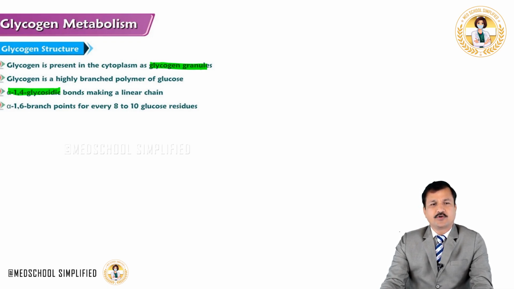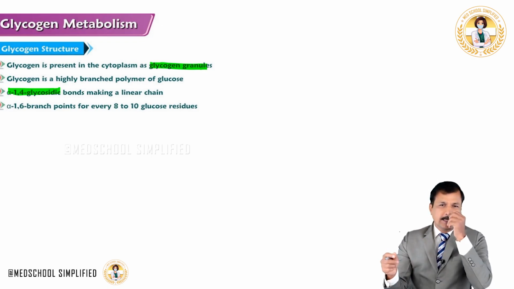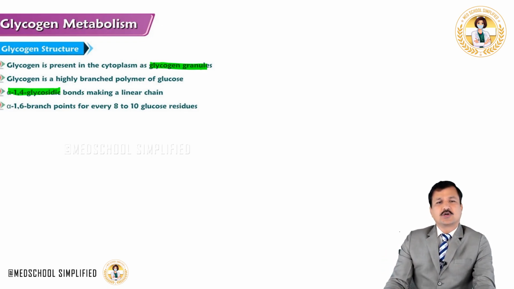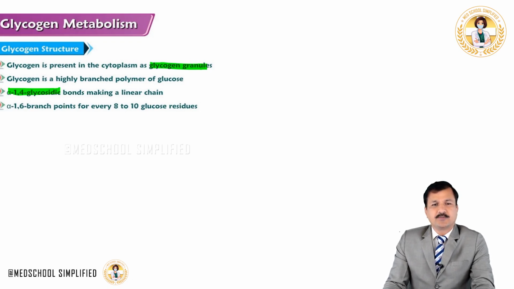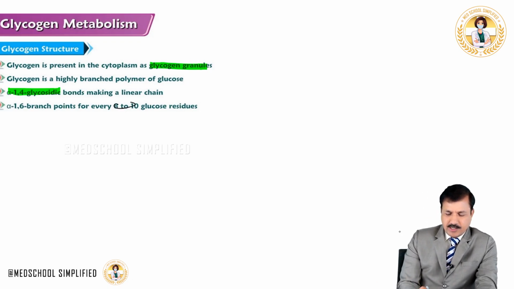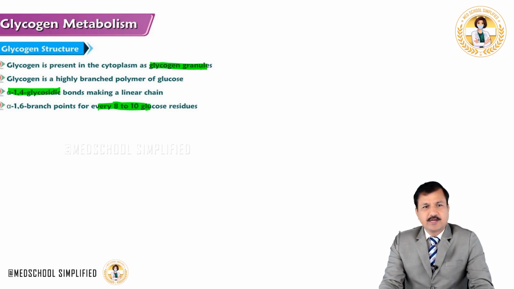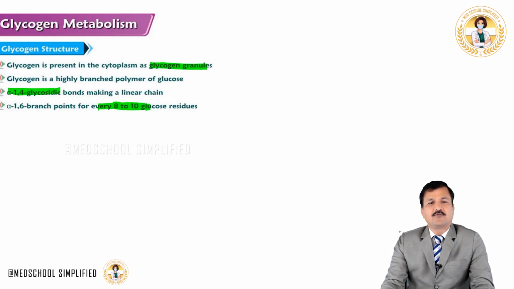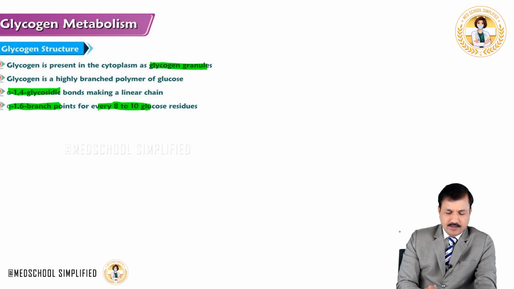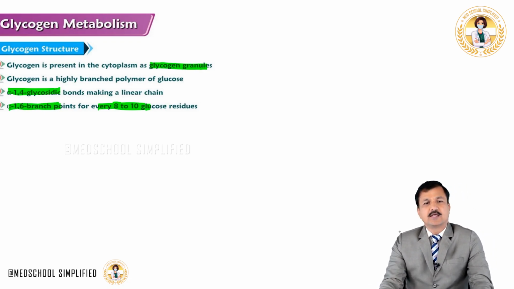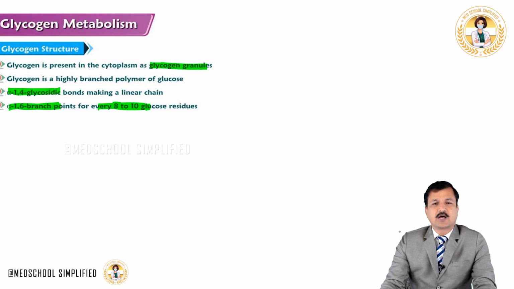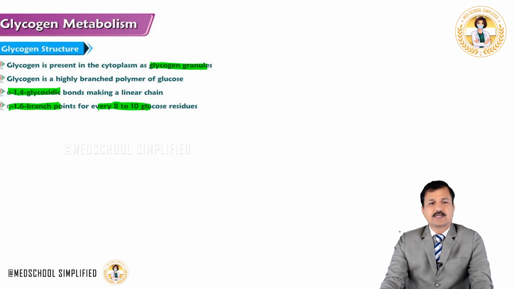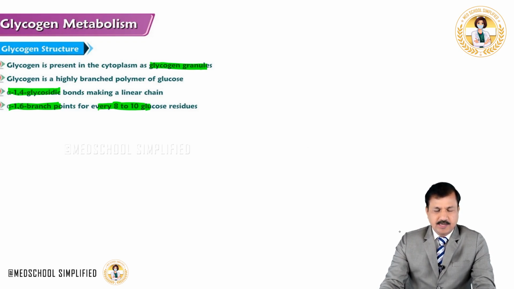Since glycogen is highly branched, there is a branch point at every 8 to 10 glucose residues. That branch point is made because of an alpha-1,6 glycosidic bond. So make sure you remember that: the linear chain is made with alpha-1,4 glycosidic bonds, whereas the branch point is made with an alpha-1,6 glycosidic bond.